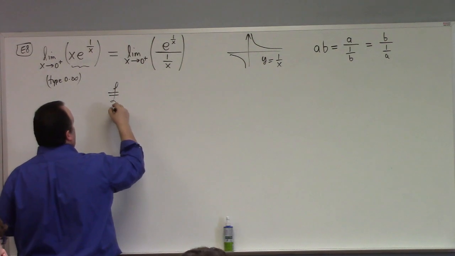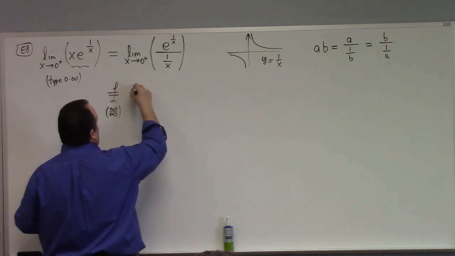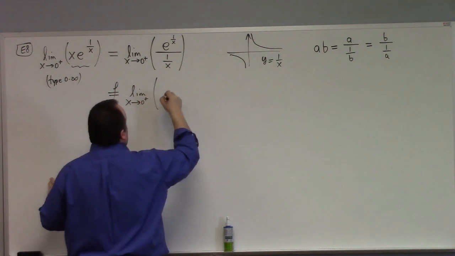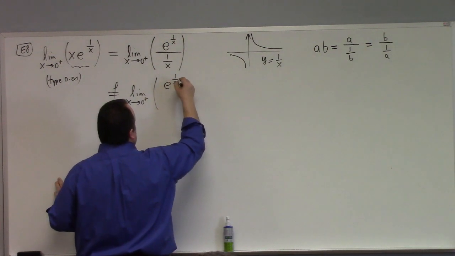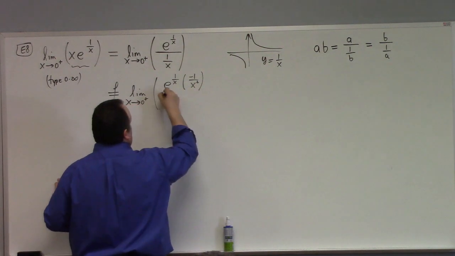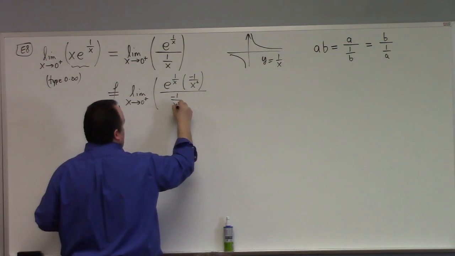So limit, L'Hopital's rule, infinity over infinity. Okay, so I get limit as x goes to 0 from the right. What's the derivative of e to the 1 over x? Well, it's e to the 1 over x times the derivative of 1 over x, which is minus 1 over x squared. And then what's the derivative of 1 over x? Well, it's minus 1 over x squared.